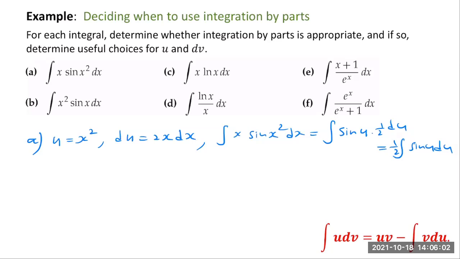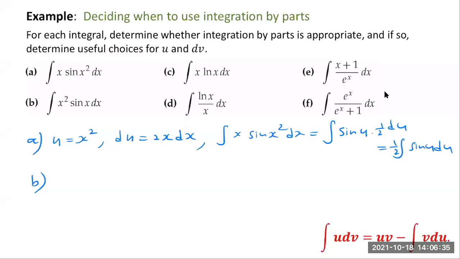What about part B? Can you apply integration by parts here? First of all, integration by substitution would not be a good option here. If you take this to be u, the derivative is not there. On the other hand, if you take this to be u, again, the derivative is not visible right next to that.